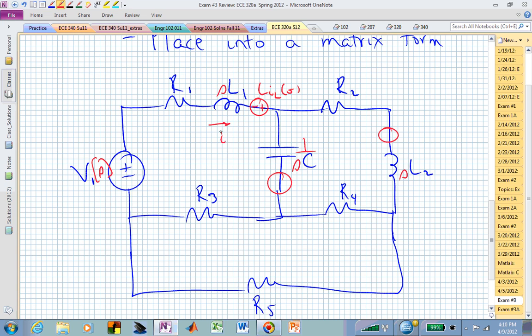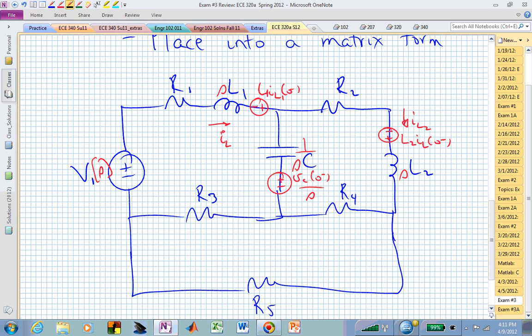If this was, let's say, the I sub L direction, and likewise then, if this was the I sub L sub 2 direction before, then I would have this minus plus, and this would be L sub 2. So I should say this is L sub 1, this is L sub 2, I sub L of 0 minus. And the capacitor would now have this plus minus V sub C of 0 minus over S.